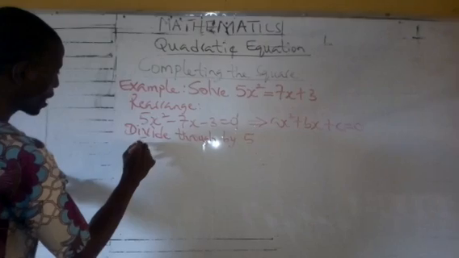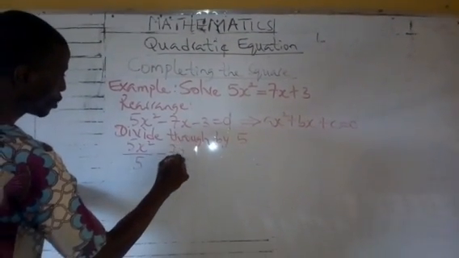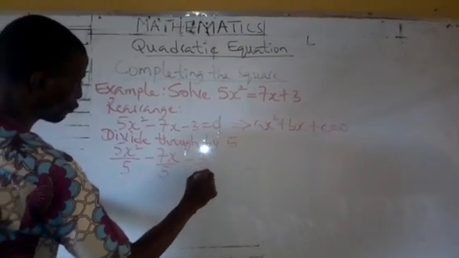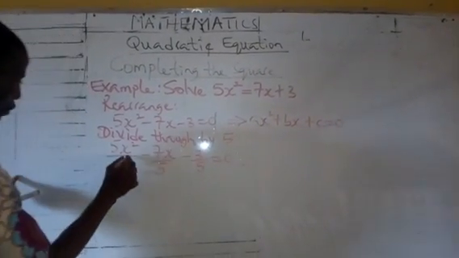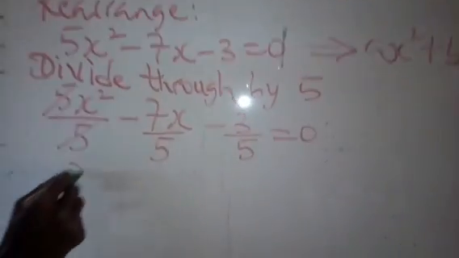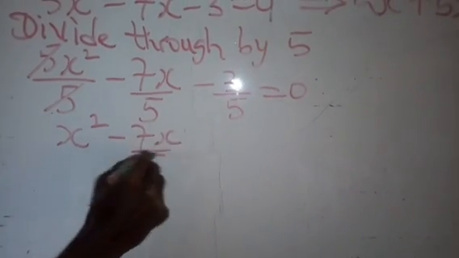Now we have 5x squared over 5 minus 7x over 5 minus 3 over 5 equals 0. You divide through. Now we are left with x squared minus 7x over 5.